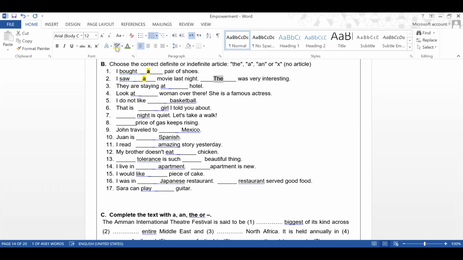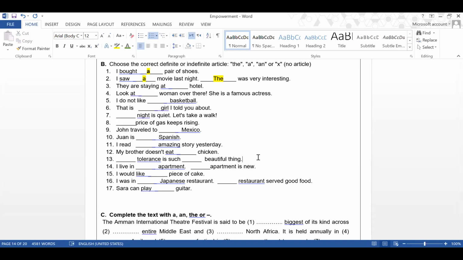Because I started with a in the first sentence, so I used the. You talked about the movie before. You know which movie I am talking about. So I assume that you as a listener know which movie I am talking about, so I use the article the. When I'm talking to you and I know that you know something, I use the article the.